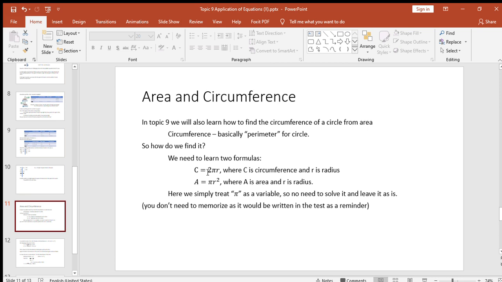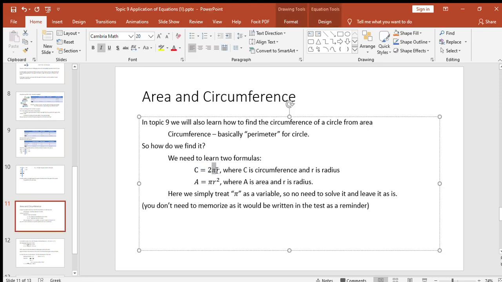That formula is C is equal to 2 pi r. This symbol right here is called pi. C is circumference and r is radius. And for area, it's pi r squared, where A is area and r is radius.